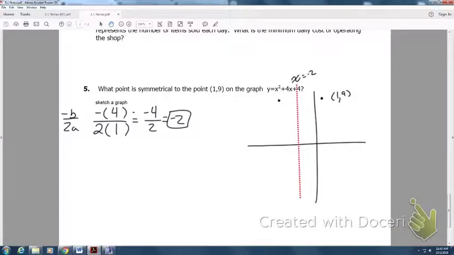Now, is this one going to be concave up or concave down? Concave up. Why? Because it's a positive a value. That x squared is positive.